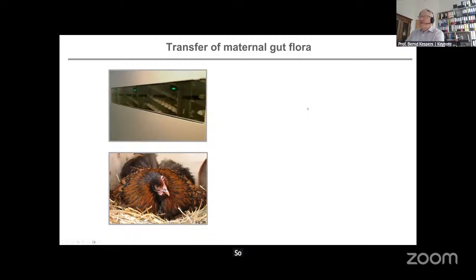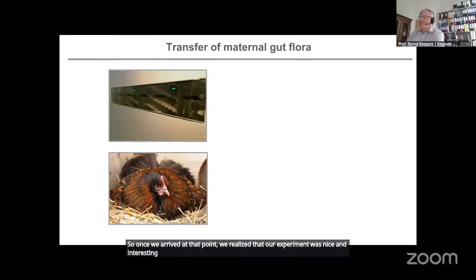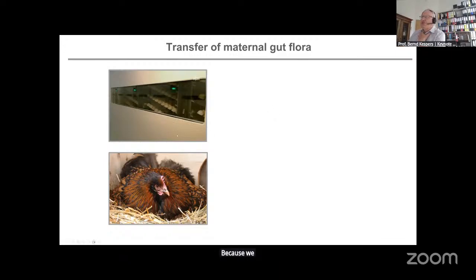So once we arrived at that point, we realized that our experiment was nice and interesting, but also a little bit stupid, because we used as a control SPF birds, as we scientists in the lab like to do. But that is not what is reflecting Mother Nature.